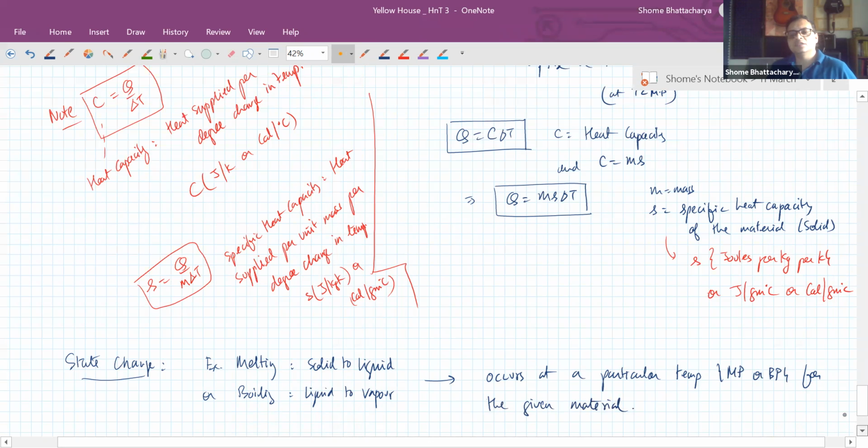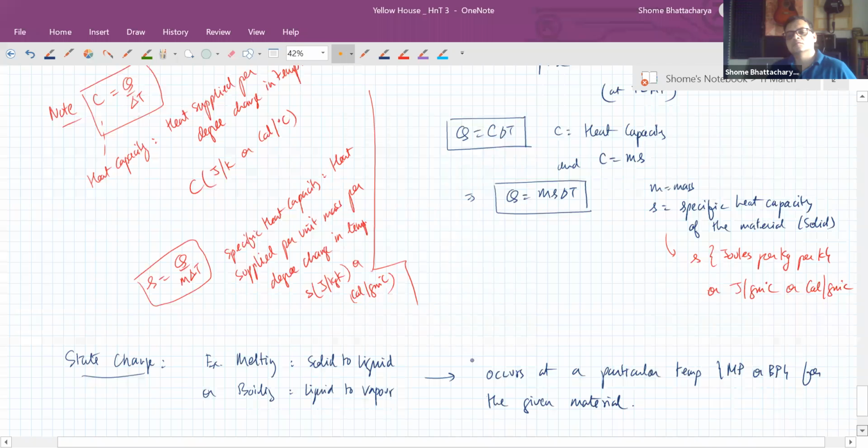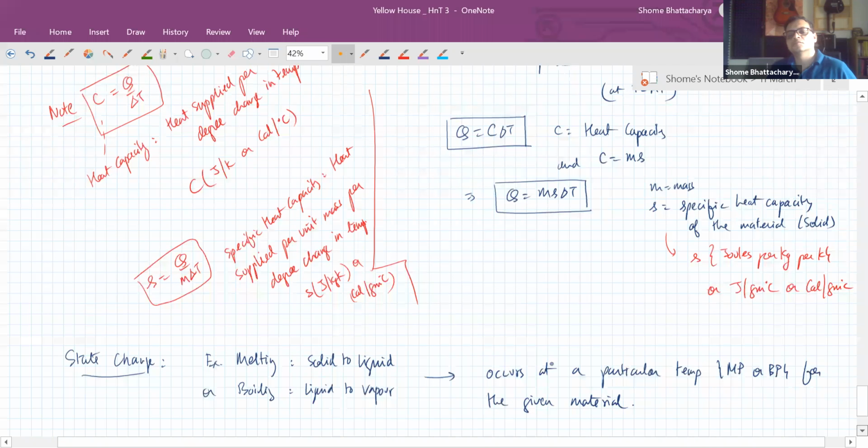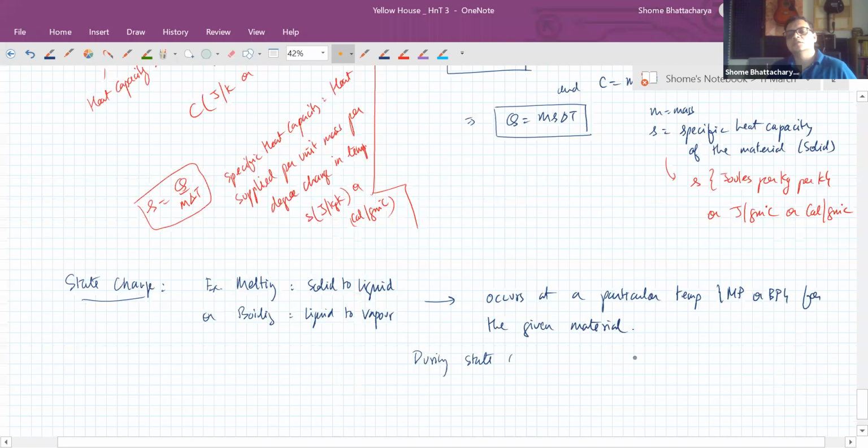And during state change, there is no temperature change that occurs with heat supplied. Only state change occurs.